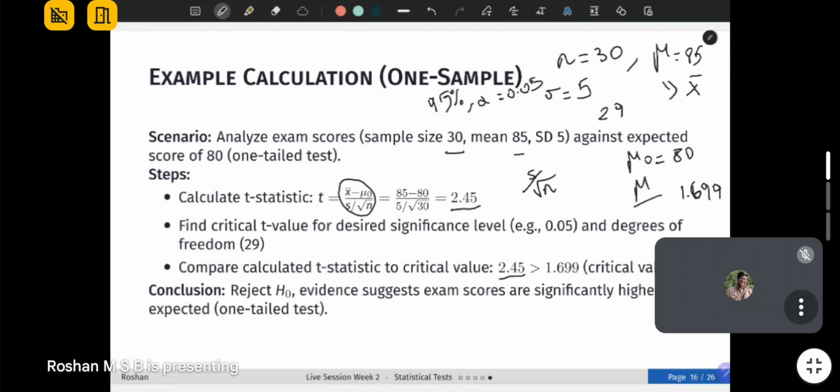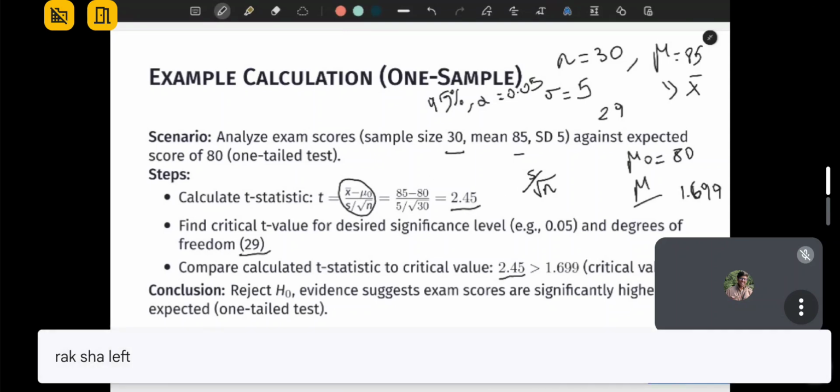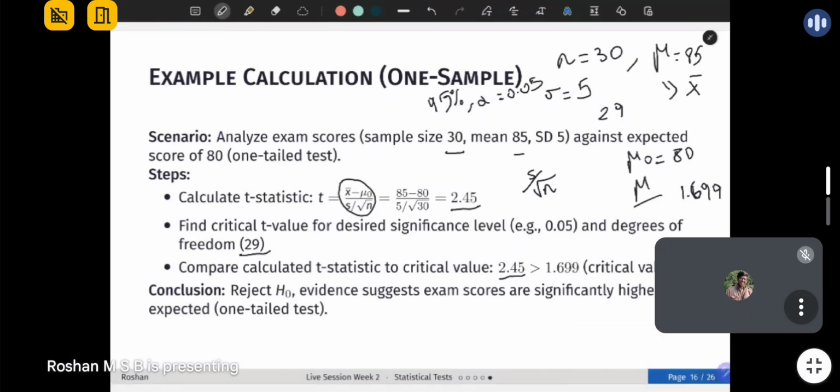Instead of taking the t distribution, can anyone let me know what the value is for the 95% confidence interval using the standard normal distribution?